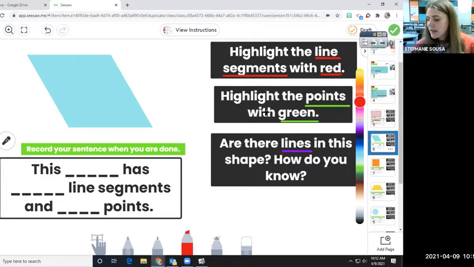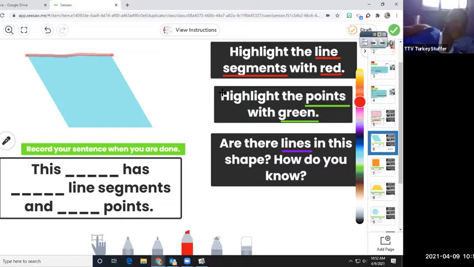Highlight the line segments with red. All right, remember, a line segment is a straight figure that has 2 endpoints and is part of a line. Okay, so this right here, that's a line segment. It starts and it stops right there in our field of vision. Go ahead and trace that top line segment. I have a question.